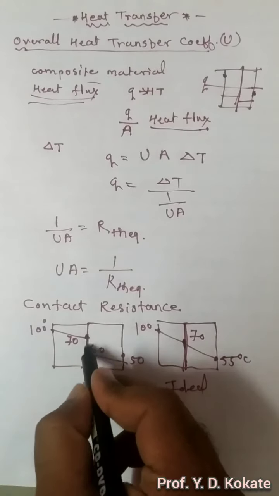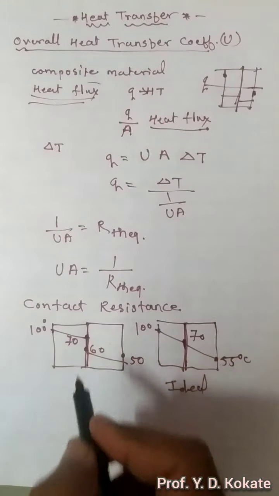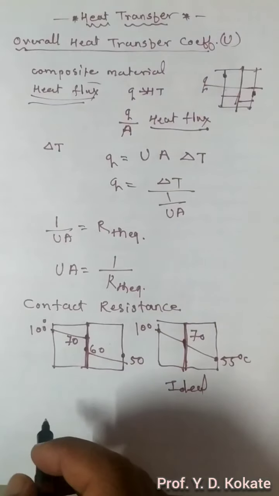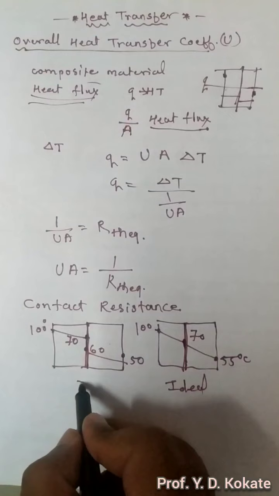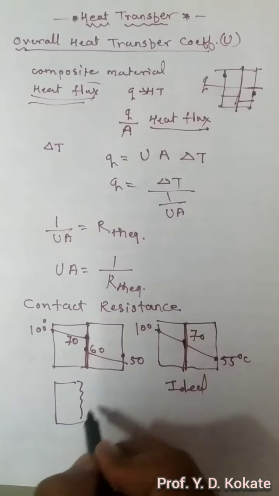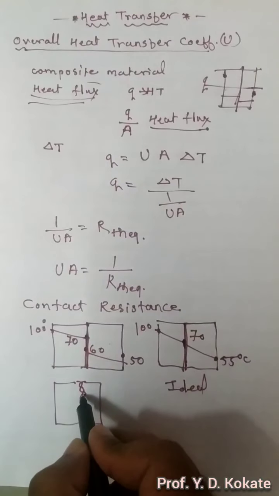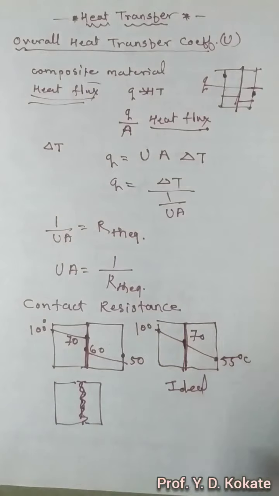But practically there is a temperature loss that takes place. So why does this temperature loss take place? Because these two surfaces are not 100% smooth, and when they are not smooth, their contact will be like this. If you see the contact under a microscope, there will be void spaces, and inside these void spaces there will be air.